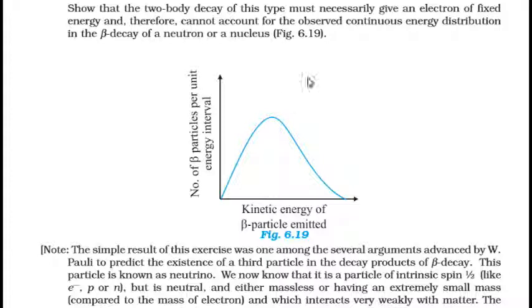So in figure 6.19 we can see the x-axis as the kinetic energy of the beta particle emitted, and on the y-axis we can see the number of beta particles per unit energy interval.